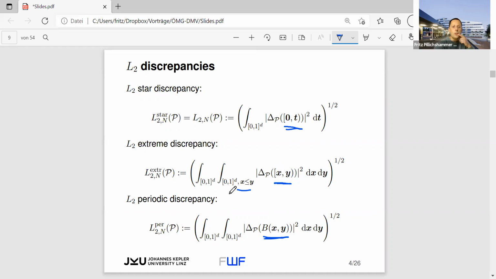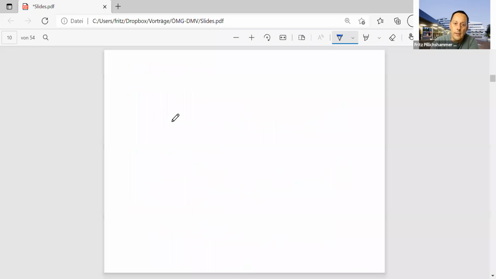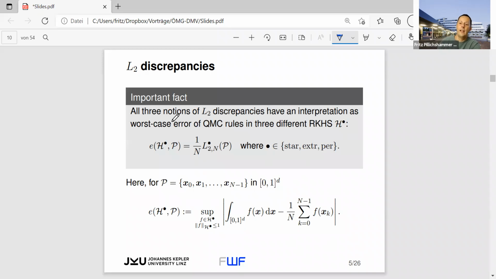Yeah, all three notions of discrepancies are quantitative measures for the irregularity of distribution of finite point sets P. But all three notions of discrepancies are also closely related to worst case error analysis of quasi-Monte Carlo rules. And this is an important fact that we will also use later on at some place.